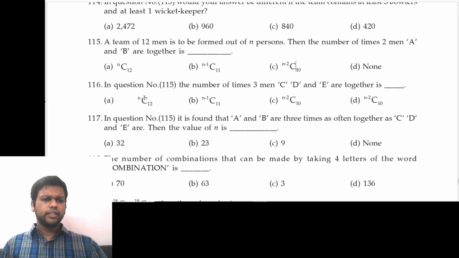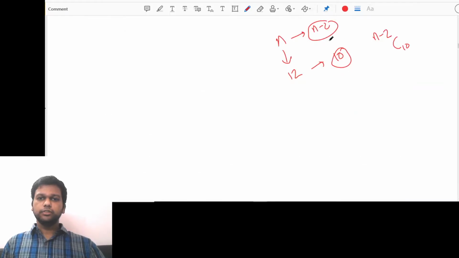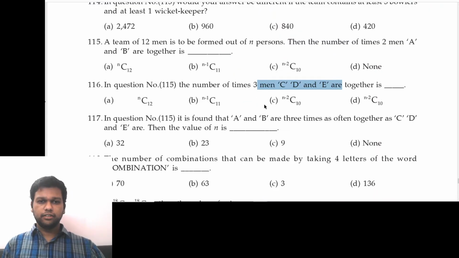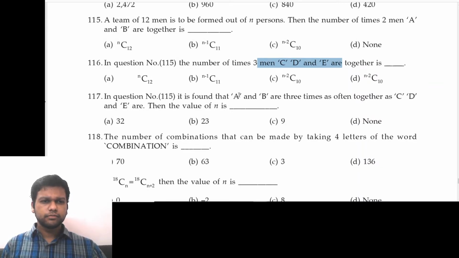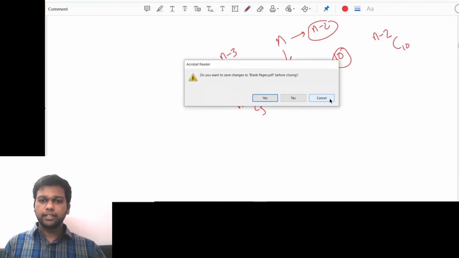Next is similar. In question 115, the number of times 3 men C, D, E are together. So that will be n minus 3 and 9. So n minus 3 C9 will be the answer. Okay, that is not in the options. So none of these is the correct answer for that.